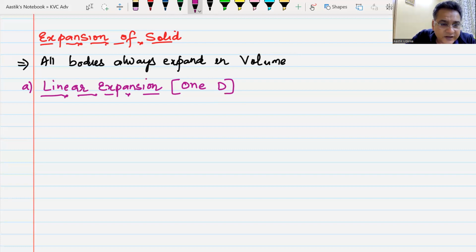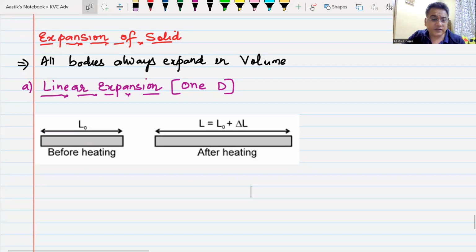Yes, sir. So now what we have? We have a rod or a wire whose original length is L0 before heating. And then when you heat it, when the temperature is changed by, let's say, delta theta, and I will always call temperature change as delta theta because delta T will be used for time and that will also come.